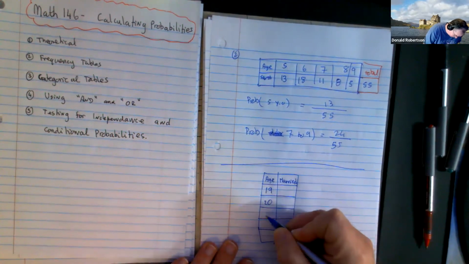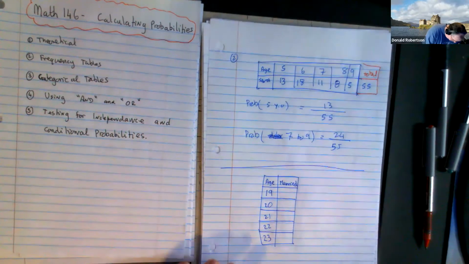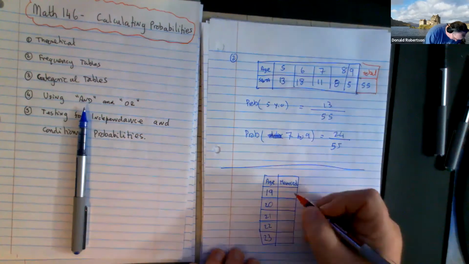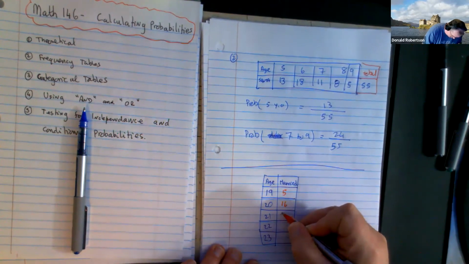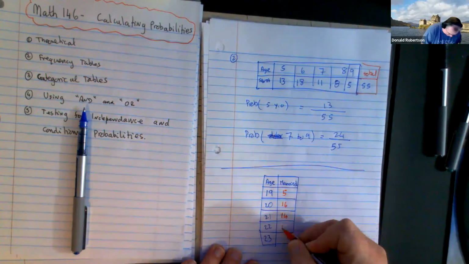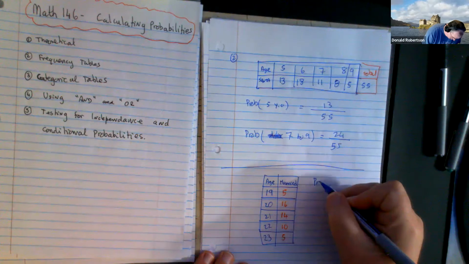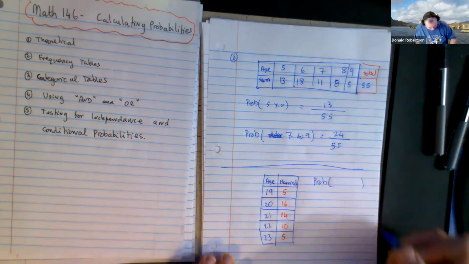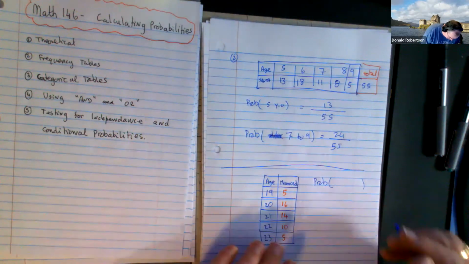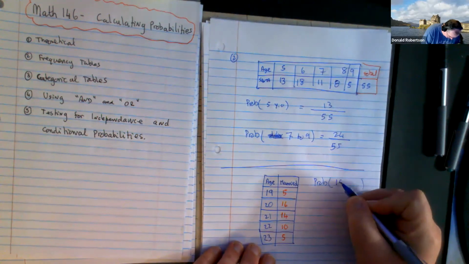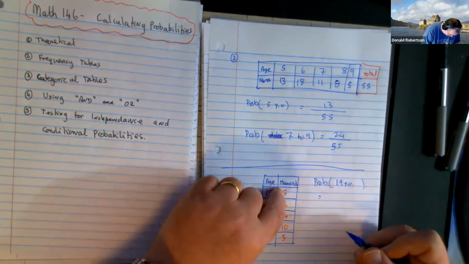So I guess it would be young married couples. And you could be asked then, what's the probability that you pick somebody from this sample and they were 19 years old? Well, if you add them, I think I made it nice this time.